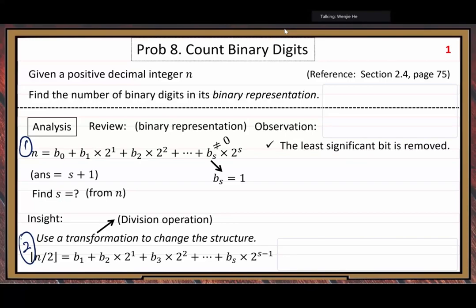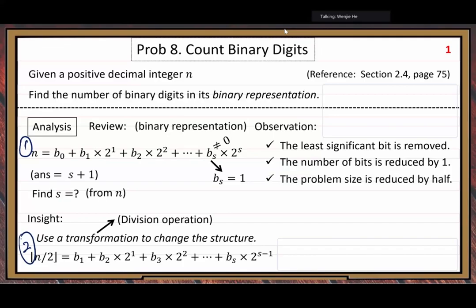The least significant bit, that's B0, is removed. It's gone. The number of bits is reduced by 1, from S plus 1 to S. So the value difference is 1. The problem size is reduced by half, approximately half, so we can call it half.